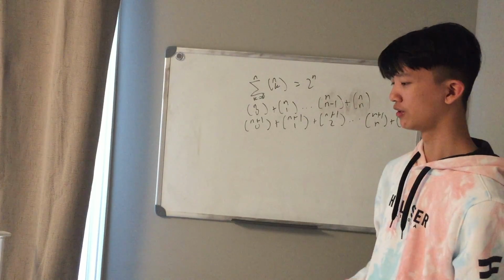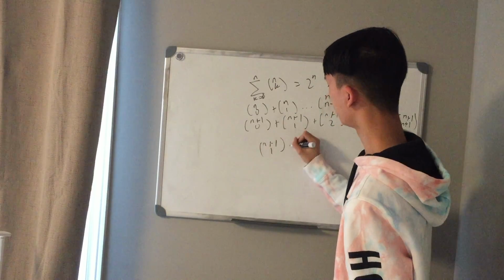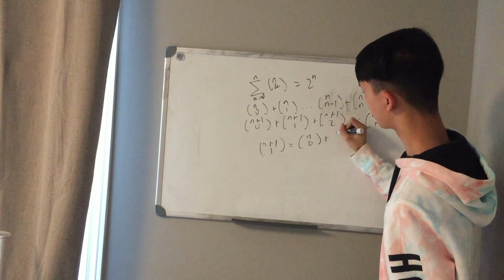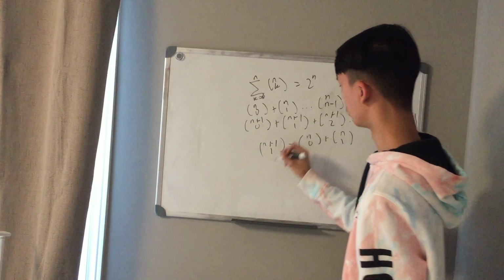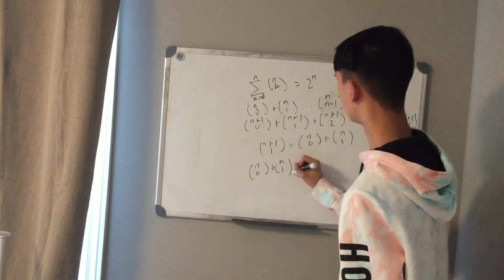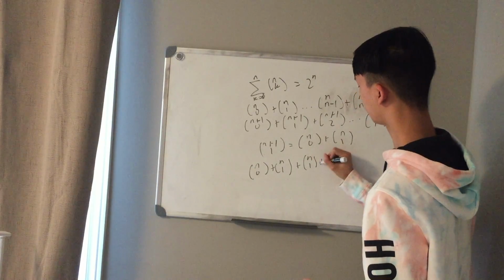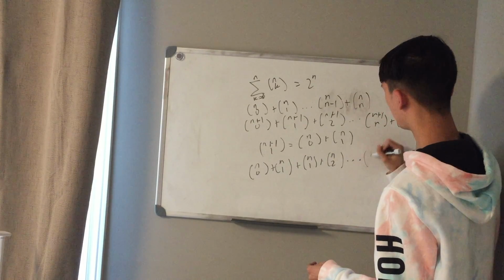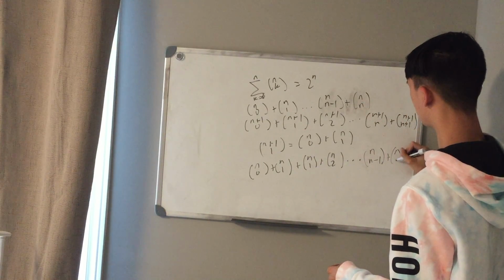So notice that by Pascal's identity, n plus 1 choose 1 is equal to n choose 0 plus n choose 1. Similarly, n plus 1 choose 2 is equal to n choose 1 plus n choose 2, and so on and so forth until we get n choose n minus 1 plus n choose n.